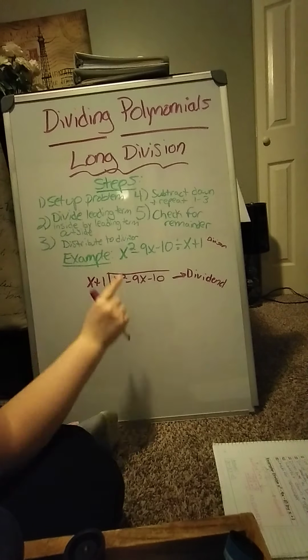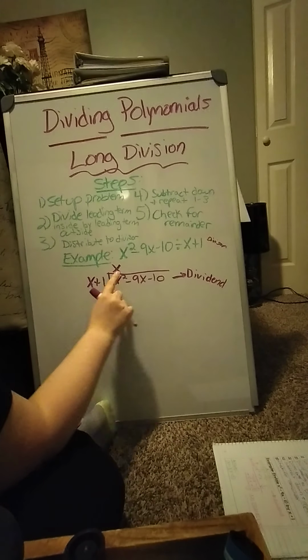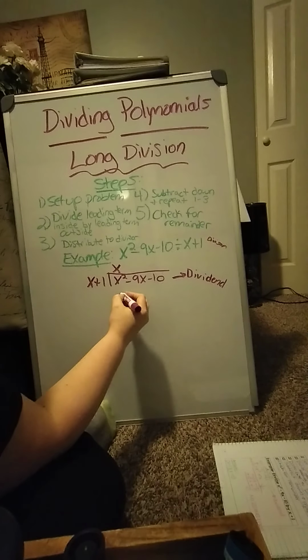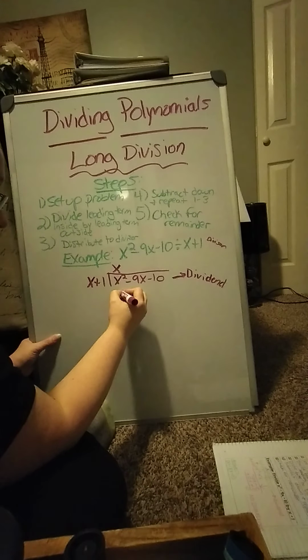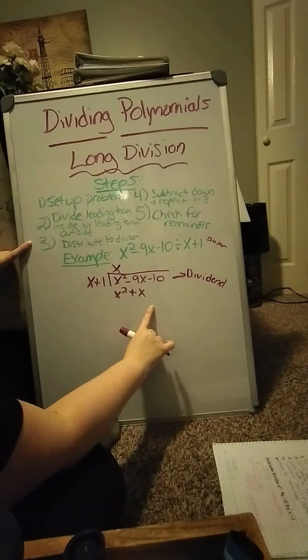And then now I have to take this x and multiply my divisor by that, and then rewrite it down here. So I'm going to do x plus 1 times x and rewrite it down here. So I'm going to have x squared plus x. That's step 3, where I multiplied the top by my outside, and then I rewrote it.